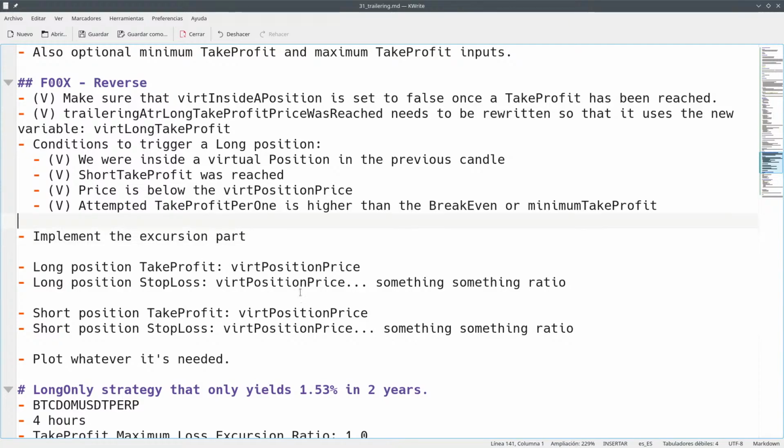Okay, so we have implemented the excursion part, so now we need to implement the take profit part and the plot. And hopefully this works as expected, because otherwise this is going to be nuts.